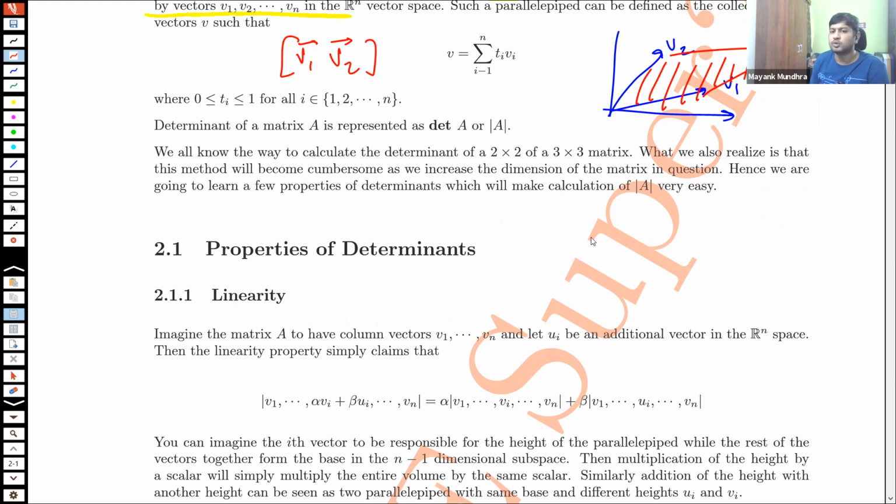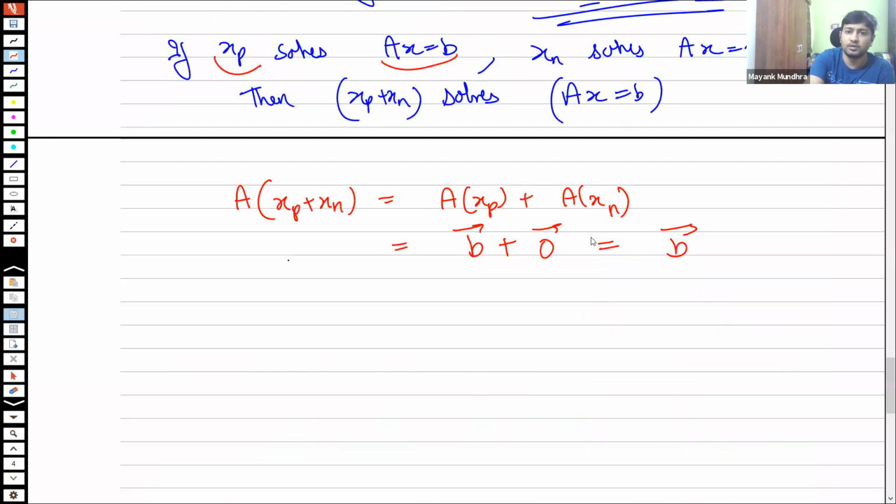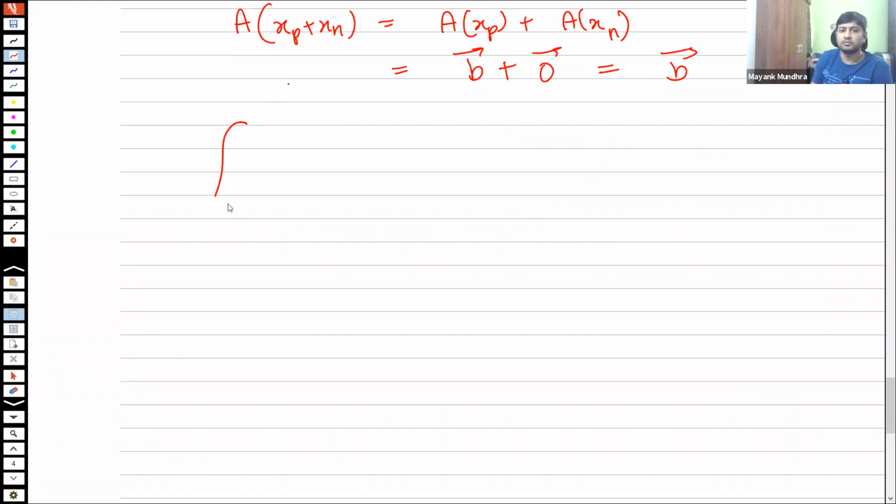So we all know how to calculate 2 cross 2 and 3 cross 3 determinants, right? I hope we all know that. So 1, 2, 3, 4, 5, 6, 7, 8, 9. Suppose I want to find the determinant of this.